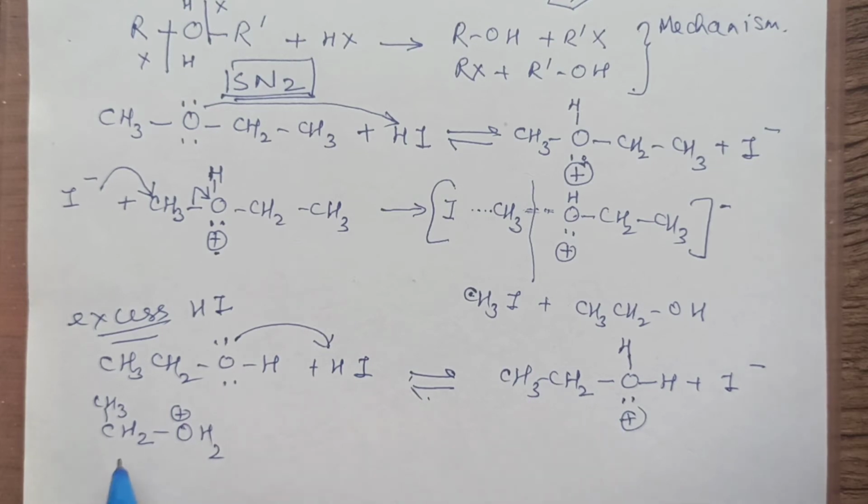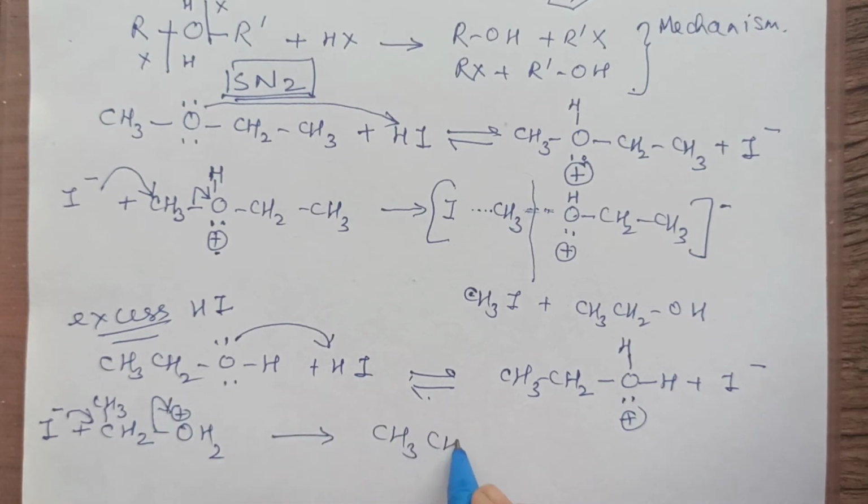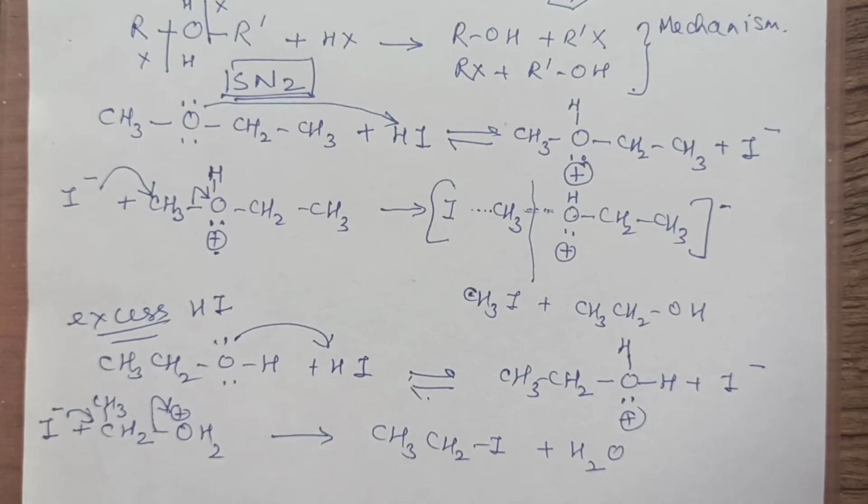This is the species, I have written it just differently, and I minus will attack this carbon atom from here. At the same time this will come out as water. When it comes out as water, you are getting ethyl iodide plus water. Did you follow this mechanism?